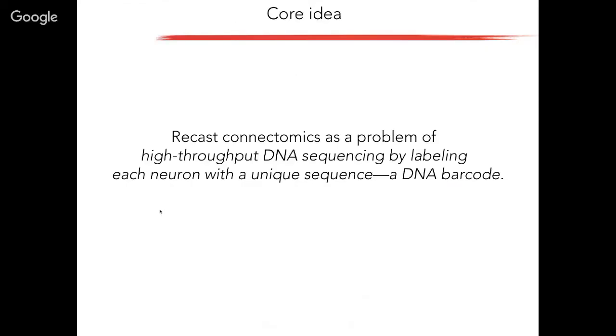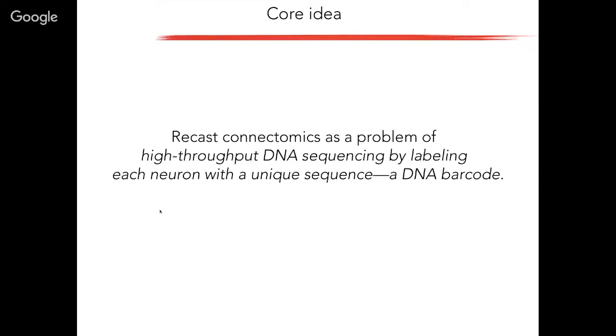Okay, so our core idea is to recast connectomics as a problem of high-throughput DNA sequencing by labeling each neuron with a unique sequence, a DNA barcode. The idea is that way we don't have to trace neurons, merely read the identity of a neuron at its soma and at any place we wish to look, and we don't need to look at all the intervening sections.